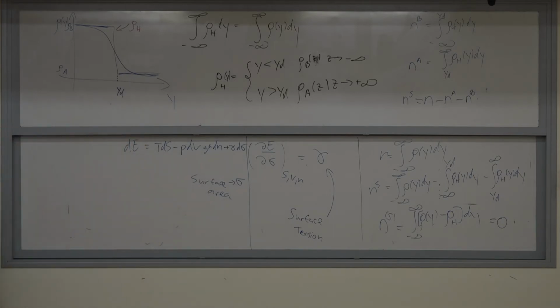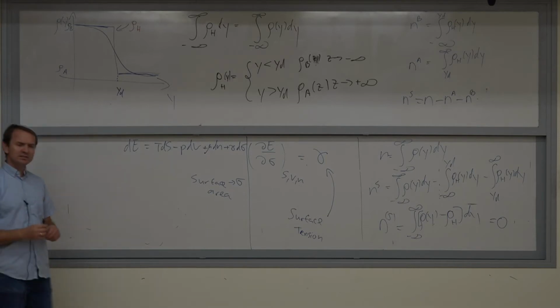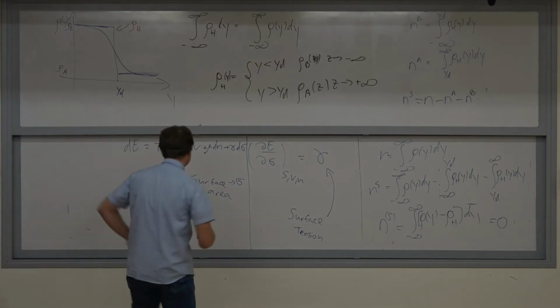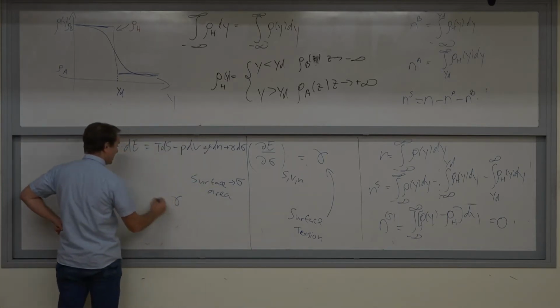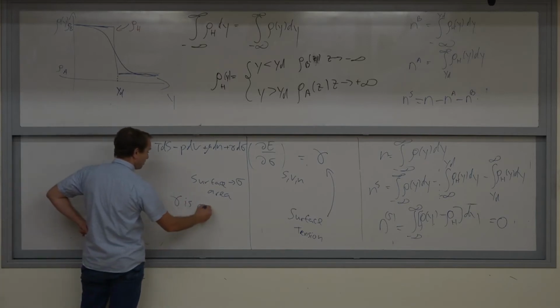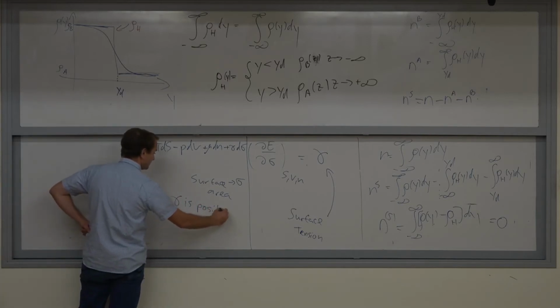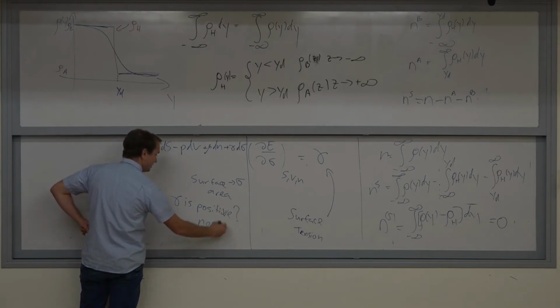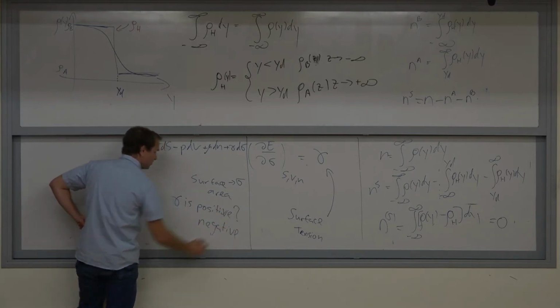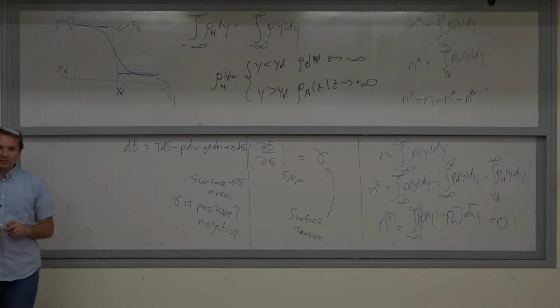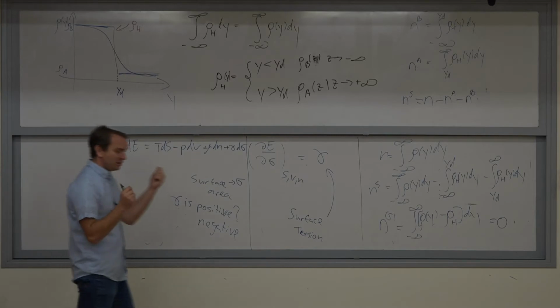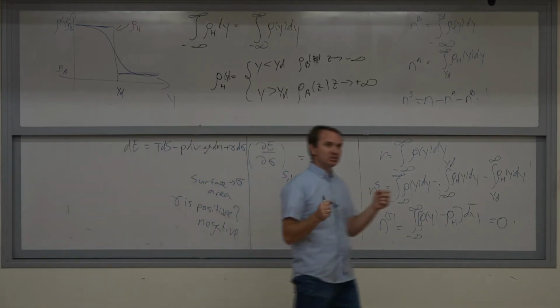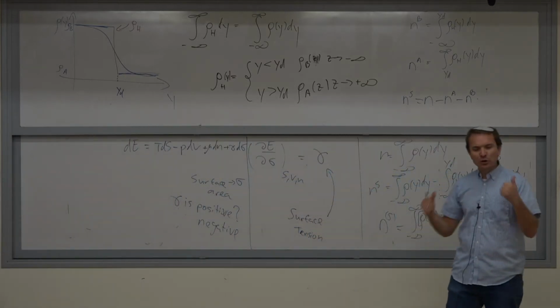Is gamma greater than 0, smaller than 0, positive, negative? What do you think? Should it be negative or positive? So how should we think about this question? What do we know about energy?